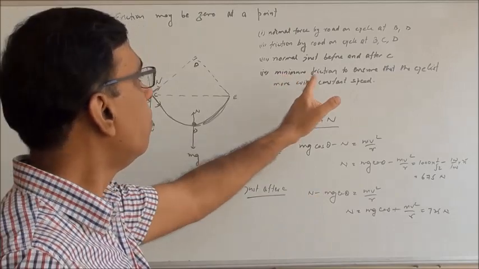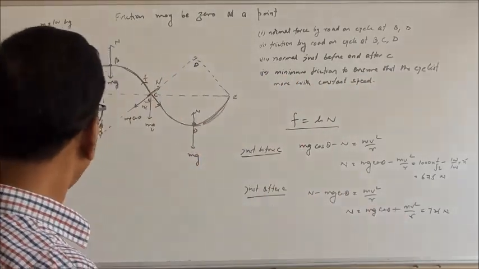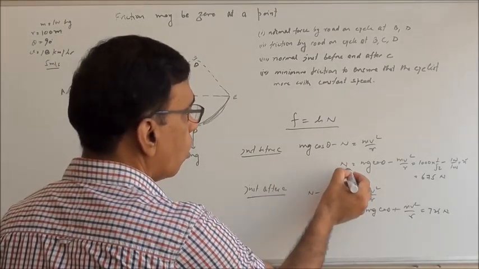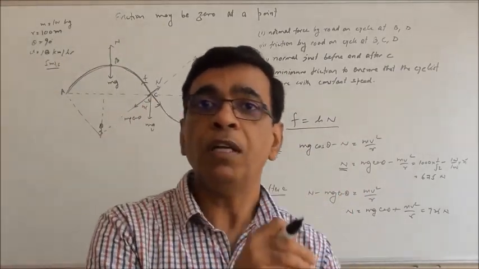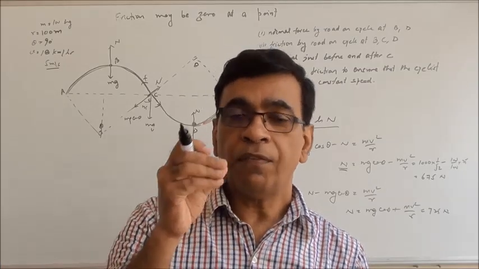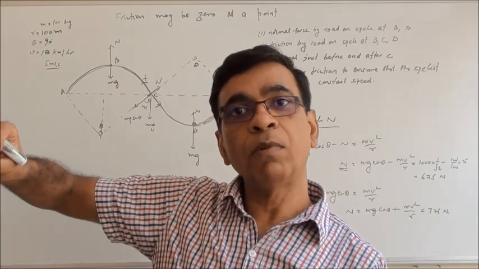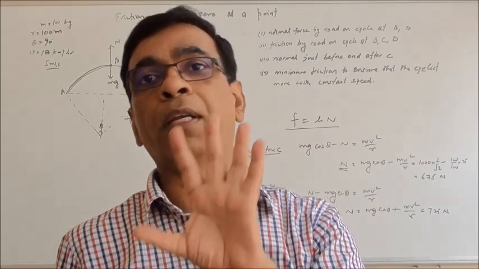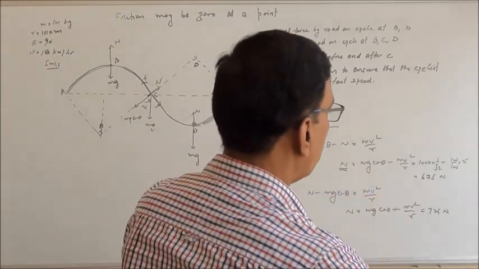We want the minimum friction to ensure that the cyclist moves with constant speed. It means if he is moving with this speed, when this normal reaction is minimum at whatever point, that will determine the frictional force. Friction is mu into N. So if he has to cross this track without slipping, we should have minimum mu N, and N is coming minimum for 675.